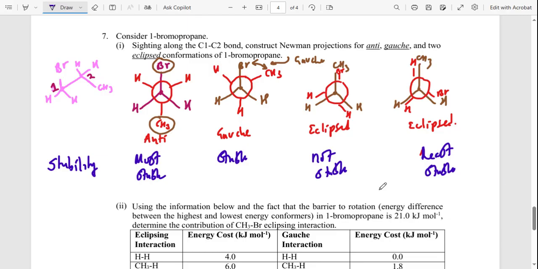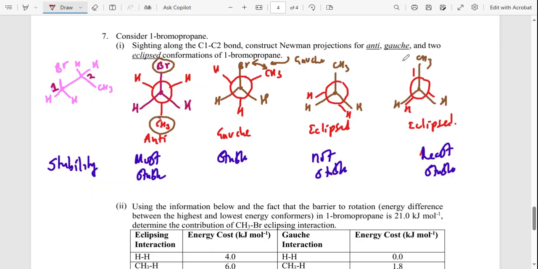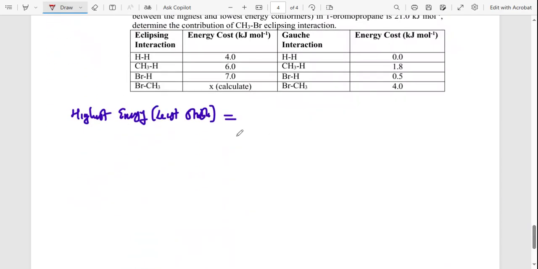Oh, I actually even swapped these ones. Let me change this Br with these ones. The one that is most unstable is where the Br is eclipsing with the methyl. Where it is hydrogen, that one is not the most unstable. So for the least stable, we have got the eclipse between Br and CH3. That's the first energy.